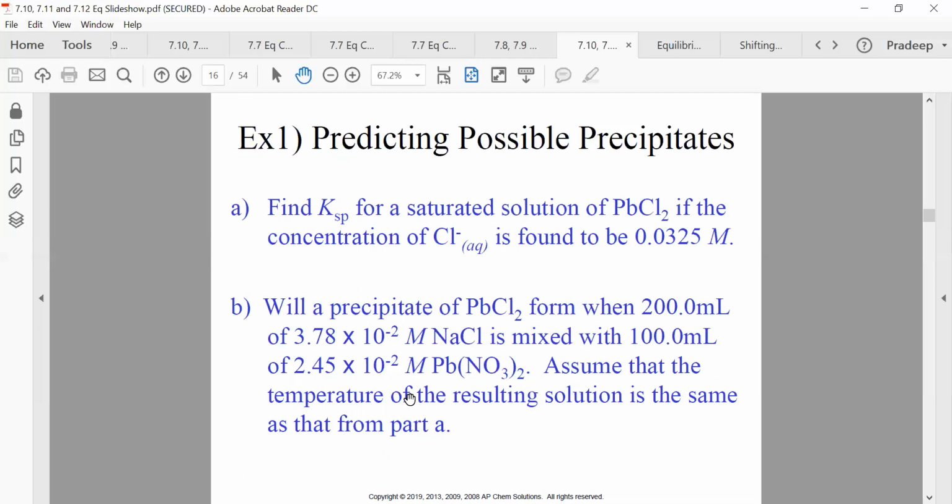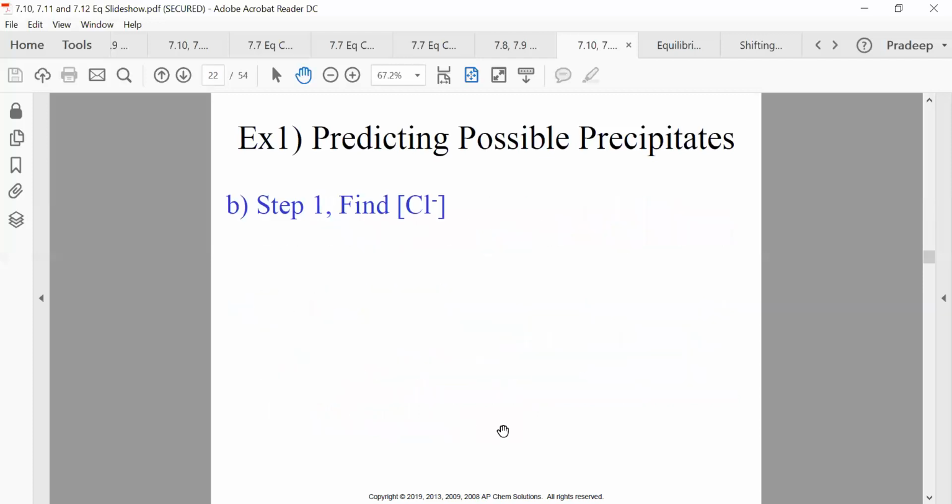Assume that the temperature of the resulting solution is the same as that from part A. So will a precipitate of PbCl2 form when 200 mL of this many molar NaCl is mixed with 100 mL of this many molar lead nitrate? Assume that the temperature of the resulting solution is the same as that from part A. So we will solve that problem as well.